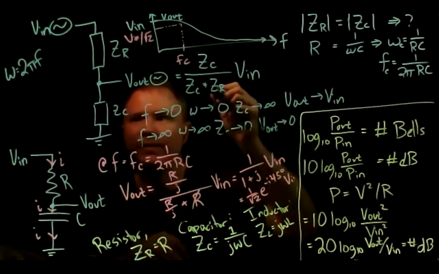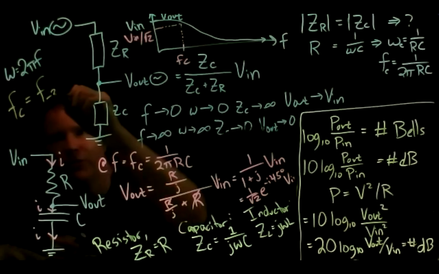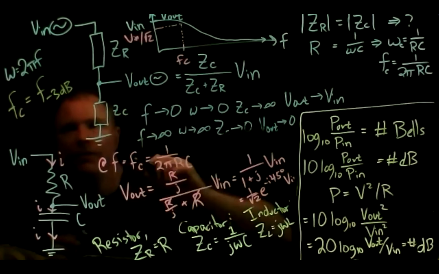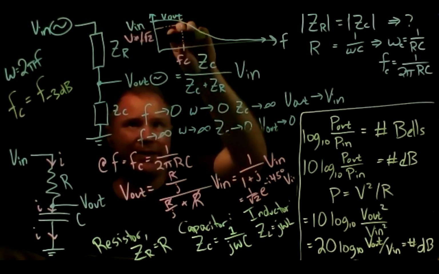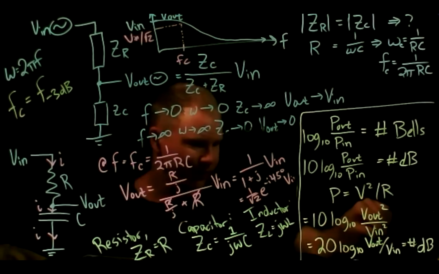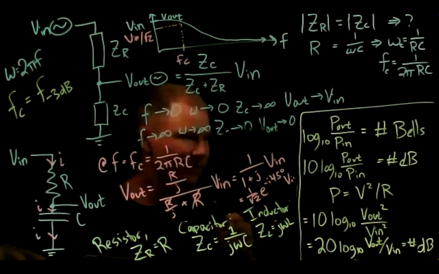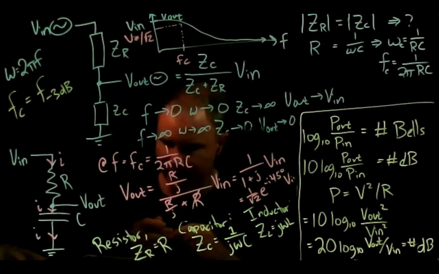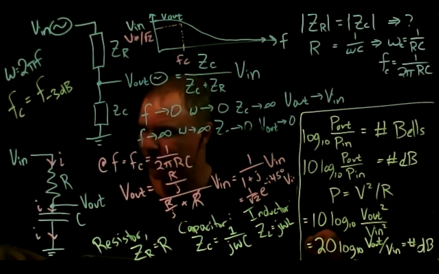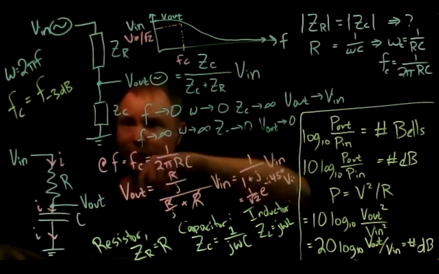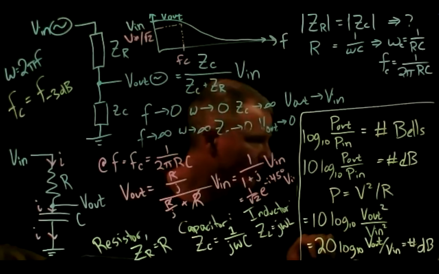This corner frequency is sometimes also called F minus 3 dB, because it is where you are down by a factor of square root of 2. If you convert 1 over the square root of 2 into decibels, you get minus 3. Hopefully that was a little bit of review, but that's where some of this comes from. That's a notation that the book uses sometimes. They don't call it a corner frequency, they usually call it a minus 3 dB frequency. But it's all the same thing.